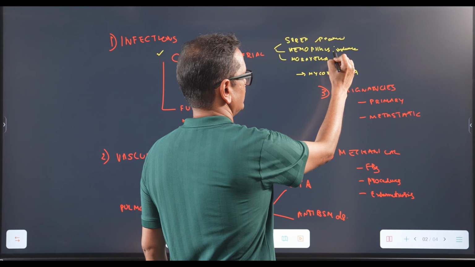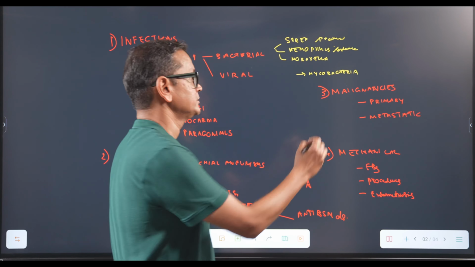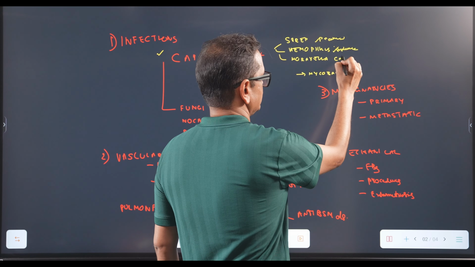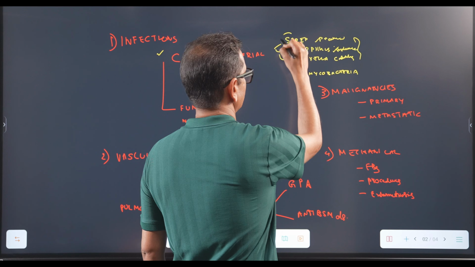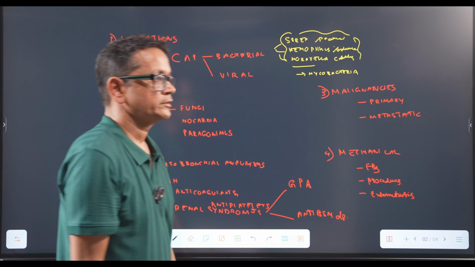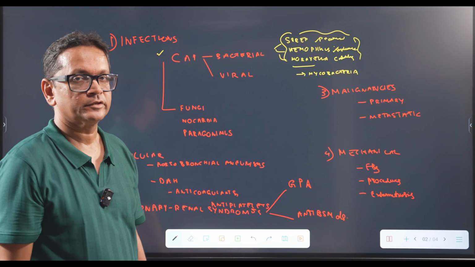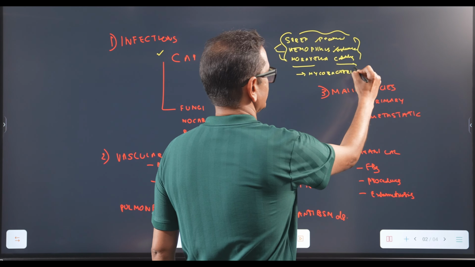Third one is Moraxella catarrhalis. These are known as big 3 for usual community acquired pneumonias. And most of the times they are beta lactamase producing. That's why in such settings we use amoxicillin clavulanate combination.